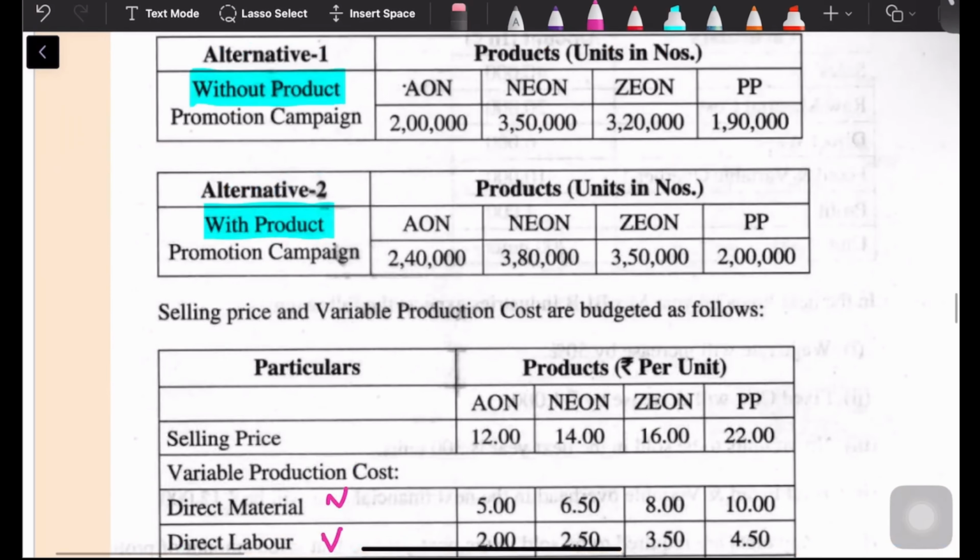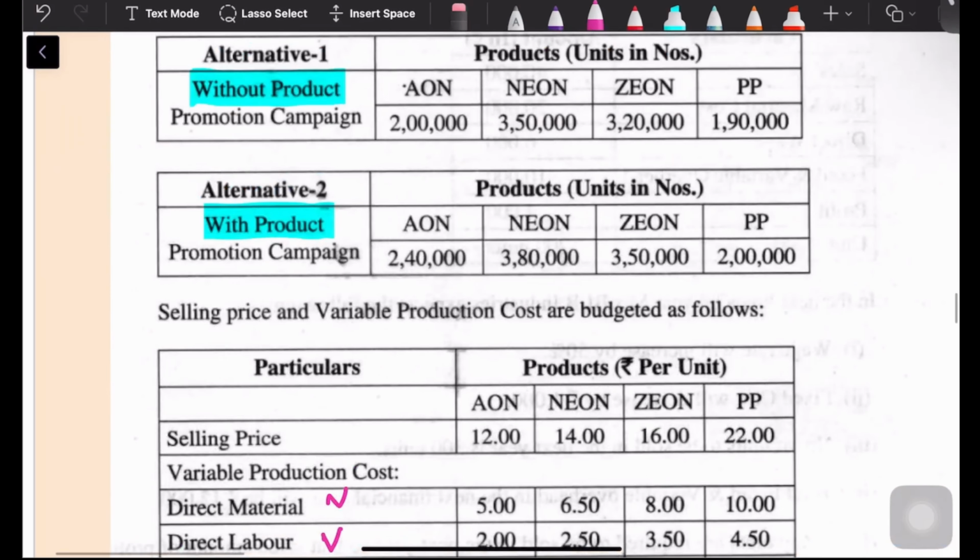Next, second rank is PP. So I will fulfill maximum 2 lakh here. So 2 lakh units can be produced. I will also take 2 lakh hours. So I have 462. Next, third rank is A1. A1 2.4 is the maximum.